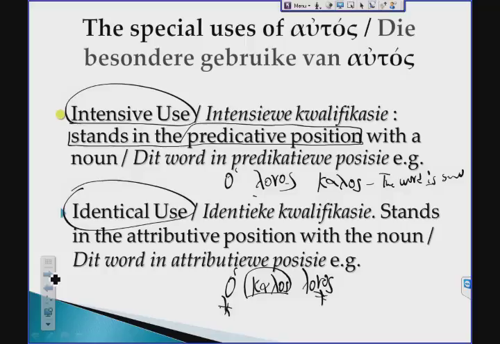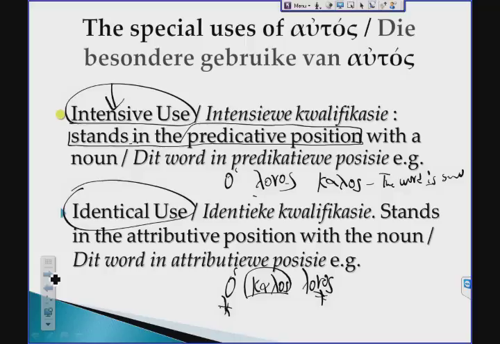The meaning or the translation changes. Can you tell me the translation of that? The good word. That is attributive. So therefore, the intensive use of autos, when it stands in the predicative position, must be intensive.